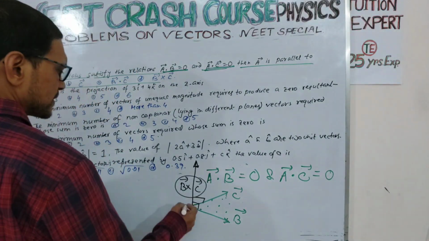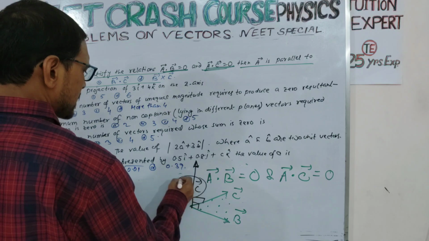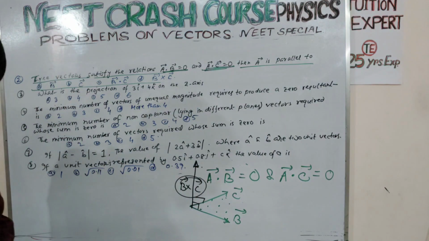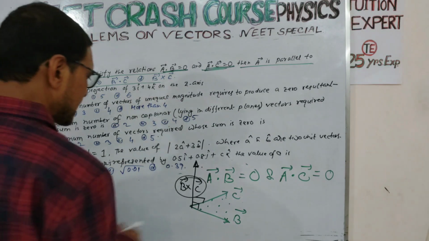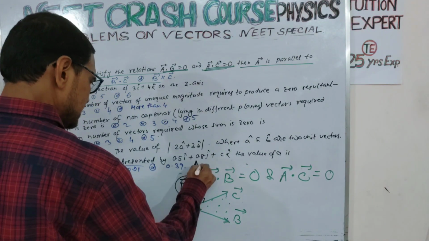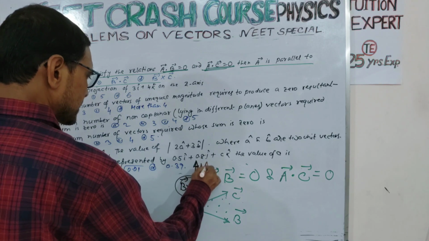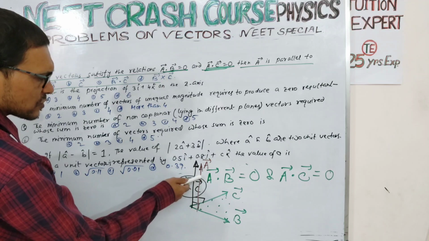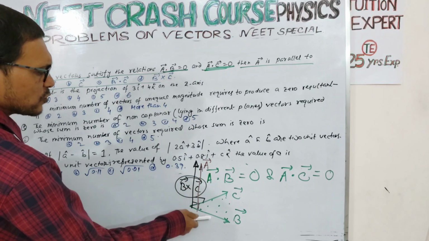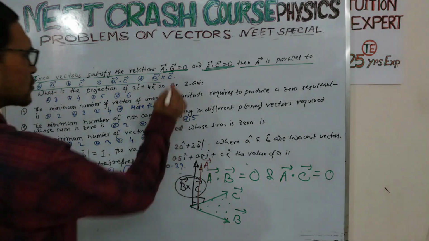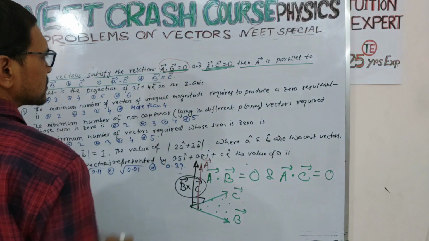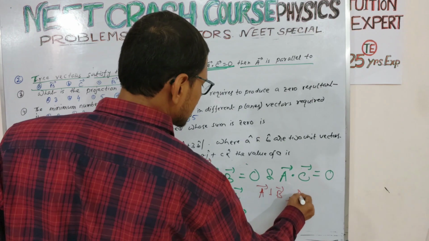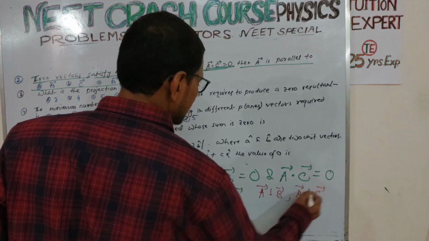The vector a is parallel to b cross c. So if we take the vector a along this direction, parallel to b cross c, then a is perpendicular to b and also a is perpendicular to c.